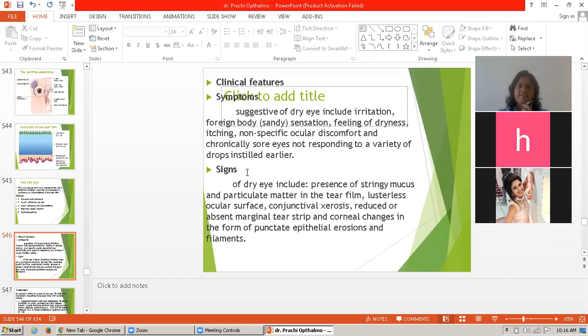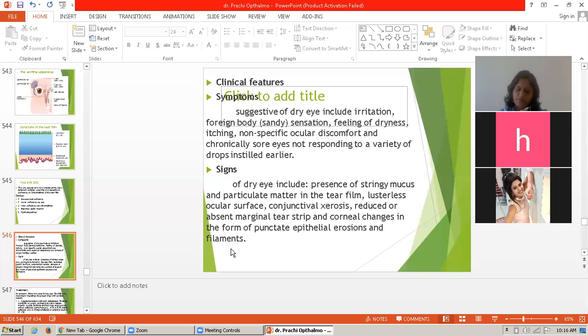And in the signs, we can see a presence of stringy mucus and particulate matter in the tear film with a lusterless ocular surface and conjunctival xerosis, with a reduced or absent marginal tear strip and corneal changes in the form of punctate epithelial erosions and filaments. So these are the signs and symptoms of dry eye.